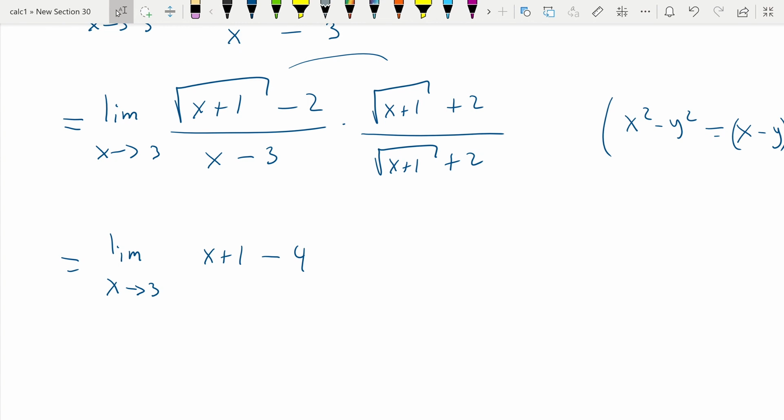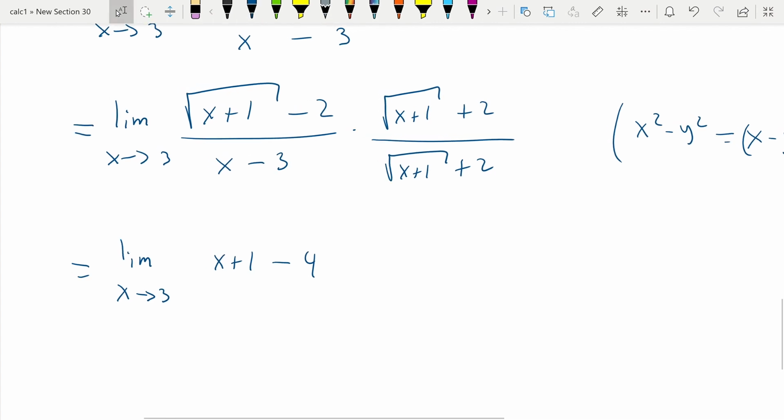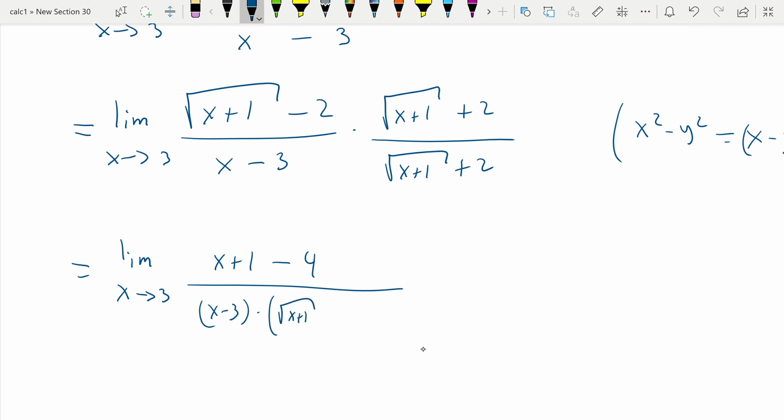So when we multiply these two expressions, we get rid of the square. We're erasing everything to square, so the square root of something squared. X is approaching 3, so that expression is positive. So we get that. At the bottom, we still have the x minus 3 and times now the square root of x plus 1 plus 2.